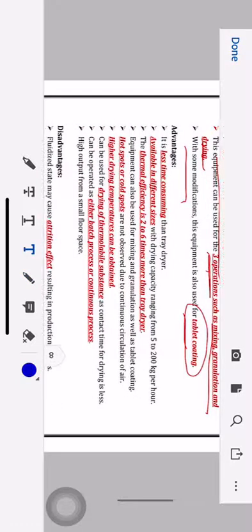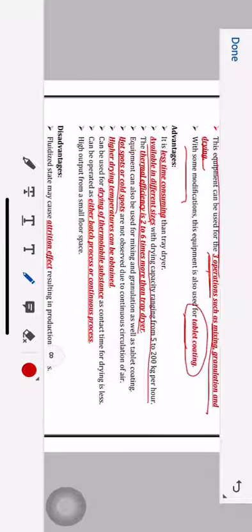Now, if we talk about advantages, it is less time consuming, available in different sizes, with drying capacity ranging from 5 to 200 kg per hour. That means you can have a small unit as well as a larger unit. Small units are for the lab scale, whereas large units are for industrial scale. Then thermal efficiency is 2 to 6 times more than a tray dryer.